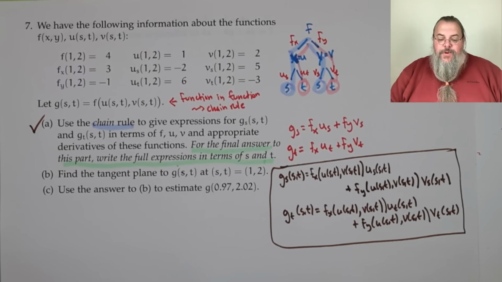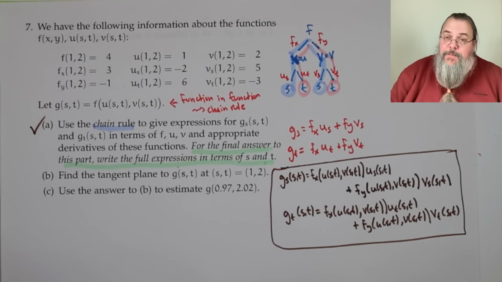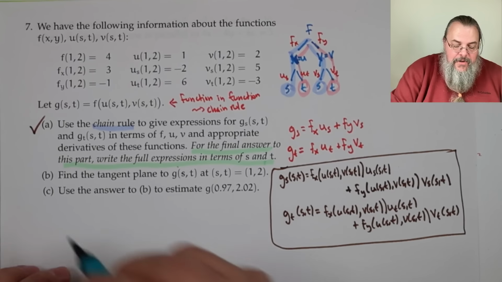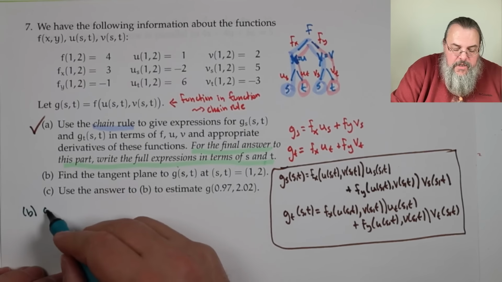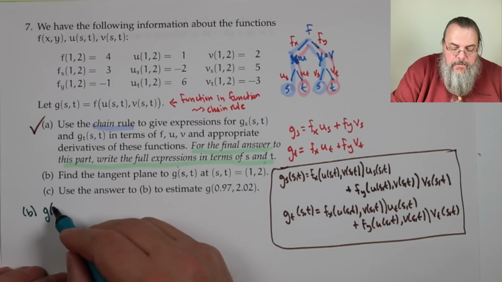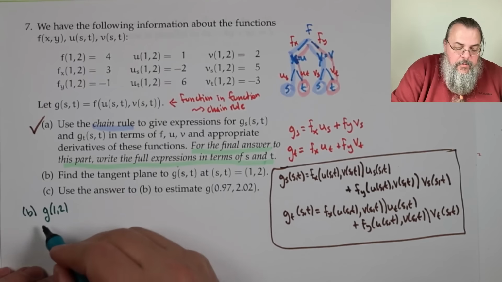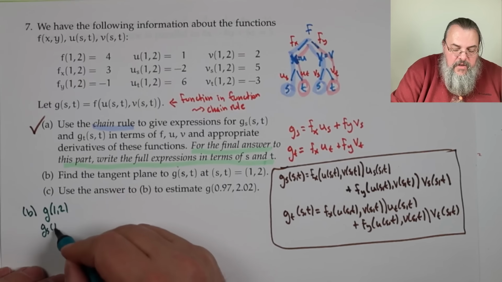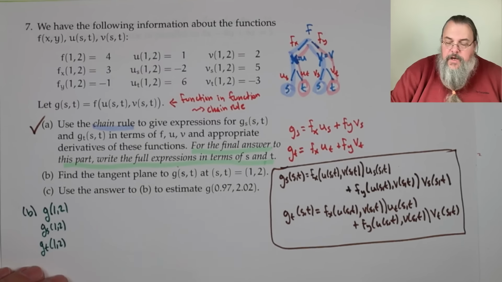Part B, find the tangent plane. Okay, so what do we need to get the tangent plane? Well, we need a couple of pieces of information. So for part B, we need to find what is g of 1 comma 2, right? Because we need that value. We also need g sub s at 1 comma 2, and we also need g sub t at 1 comma 2.